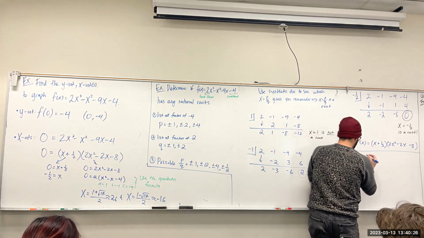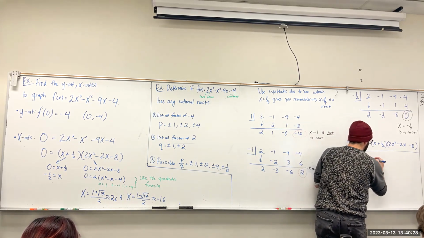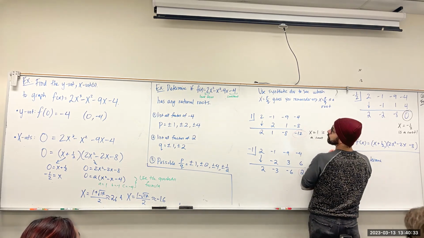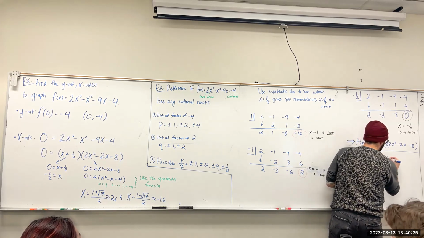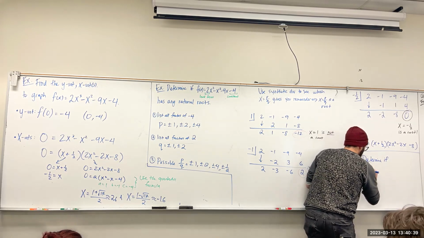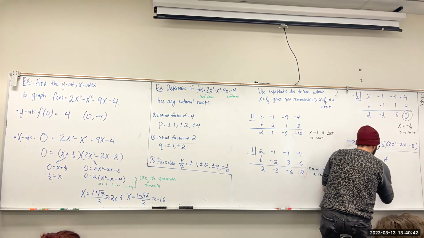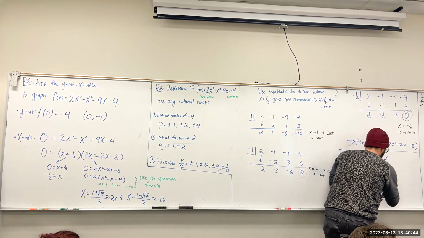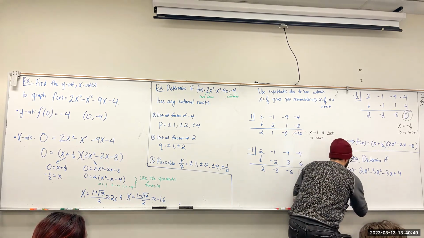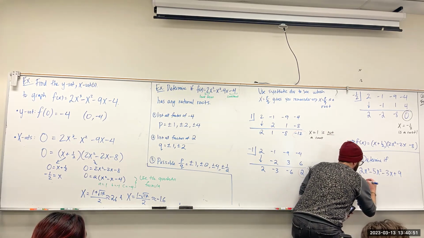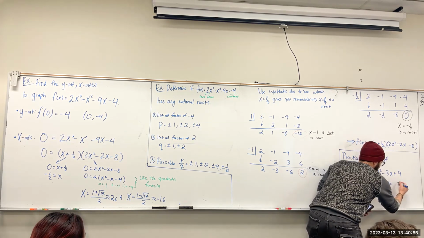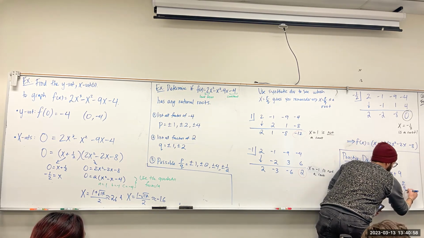So what I want you guys to do is determine if f of x equaling 2x cubed minus 5x squared minus 3x plus 9 has any rational roots. x equaling p over q.